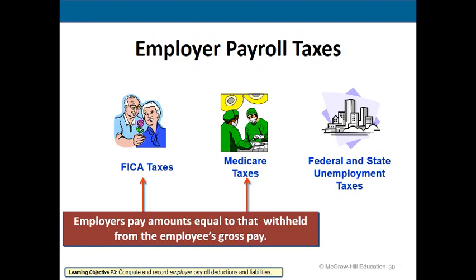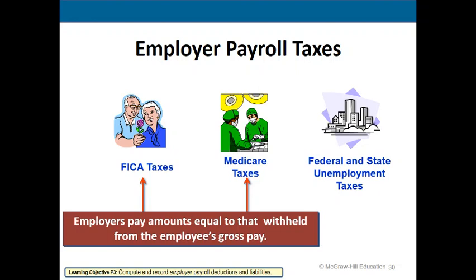That comes out of the employer's pocket. And of course, for Social Security, they pay 6.2%. They have to match the employee's 6.2% up to that cap for Social Security. And again, Medicare, there is no cap, so they're responsible for 1.45% on all of an employee's pay.